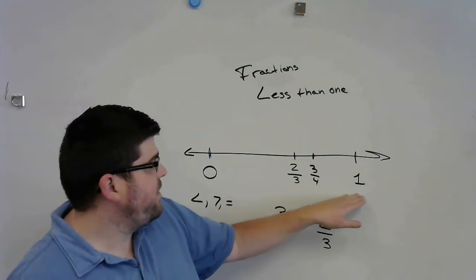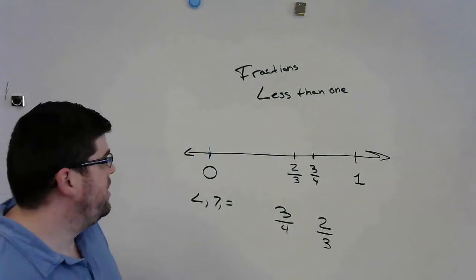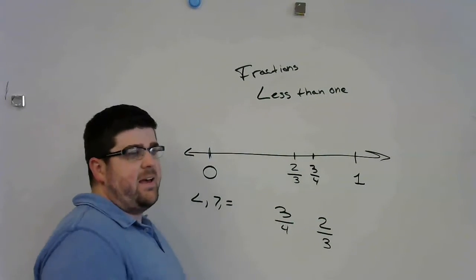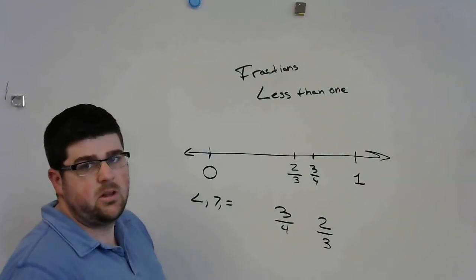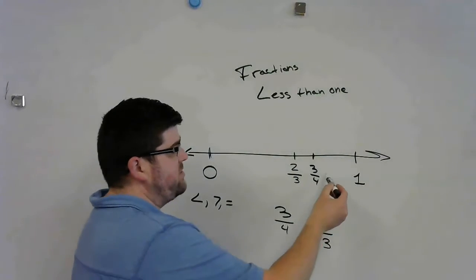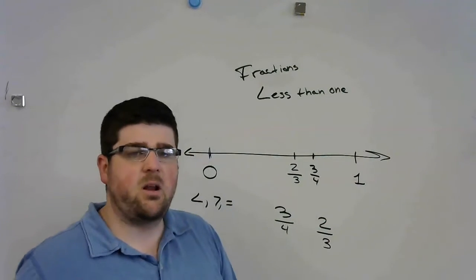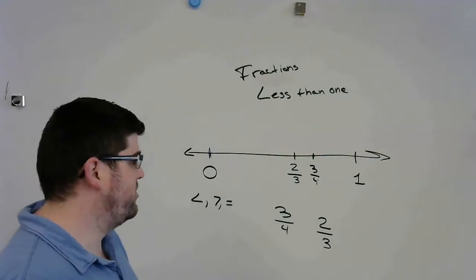So when we're looking at this on the number line, and trying to figure out which one's less than, greater than, or equal to, the one that's worth less is going to be the one that's closest to 0. And the one that's worth more is going to be the one that's closest to 1. 1 is a bigger number than 0, so the fraction that's closest to 1 is going to be the bigger fraction.